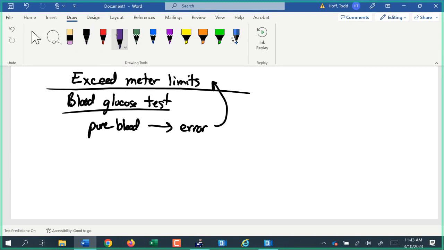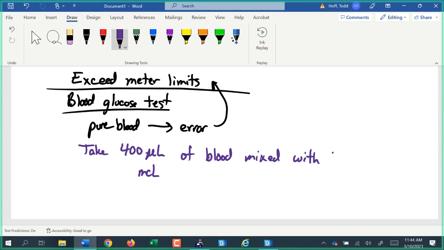So what we're going to do then is we're going to take 400 microliters. So we either do it like that, microliters, or MCL like that for microliters of blood mixed with 1 milliliter of neutral solution, or normal saline.